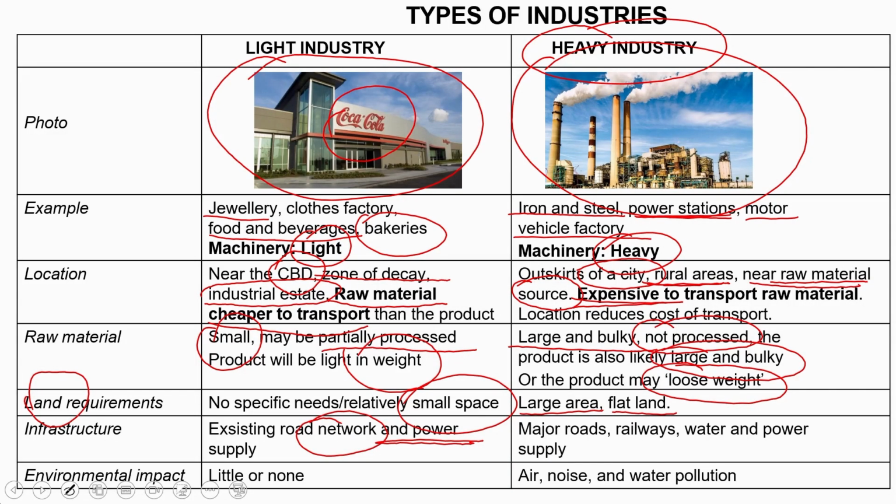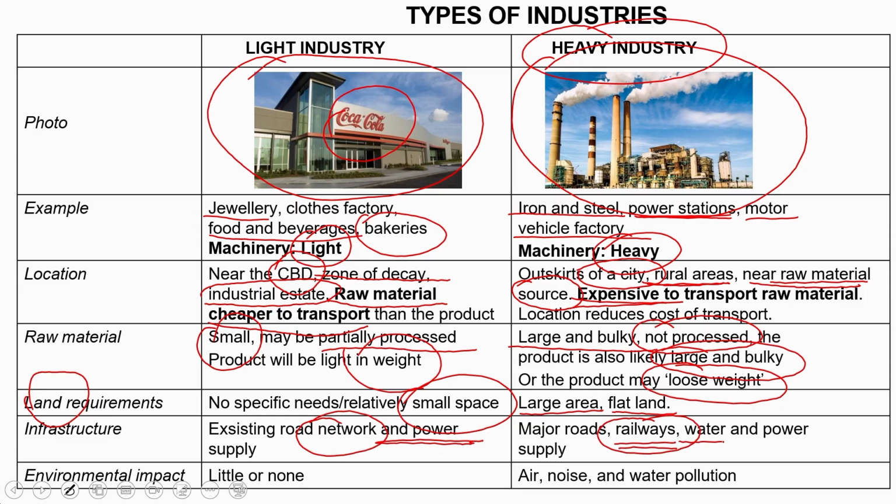You get the location, and you get the topography, and you get the cost of the land, okay? Large area, flat land, cheaper land, rural urban fringe, rural areas, okay? And then we have already touched on the infrastructure, but with heavy industries, you need major roads, particularly railways.